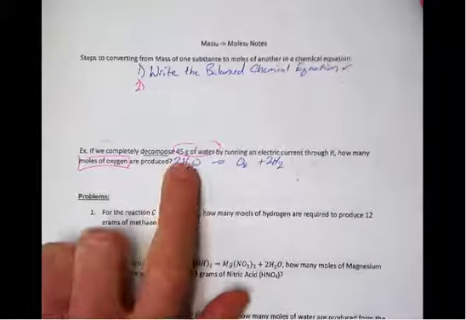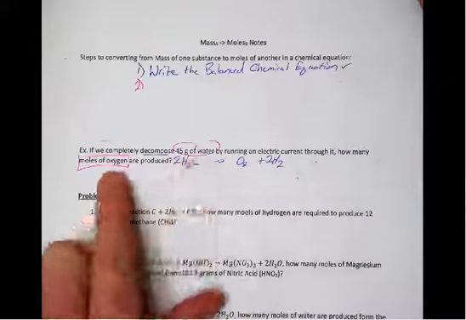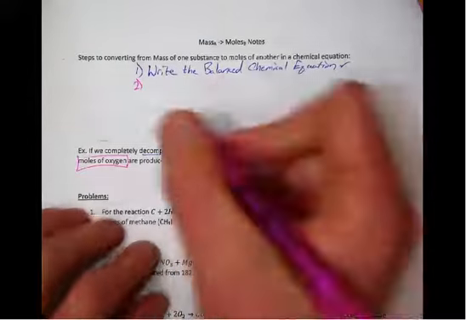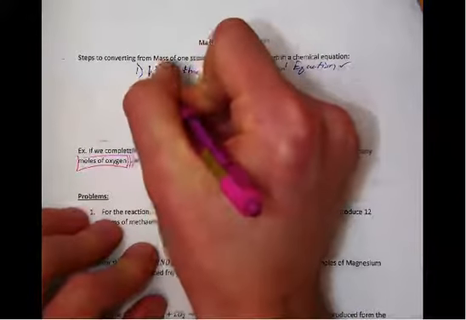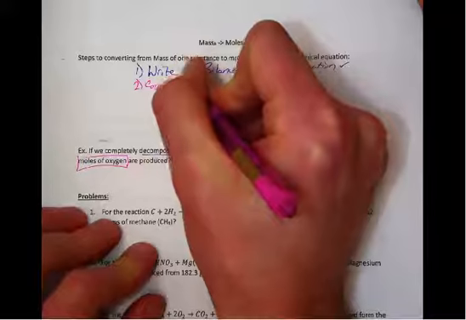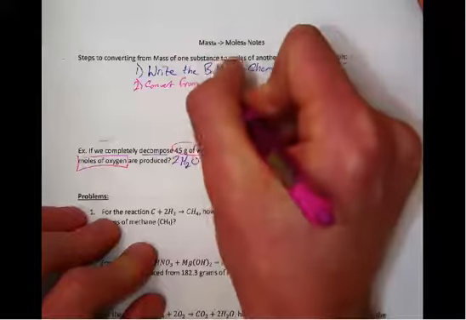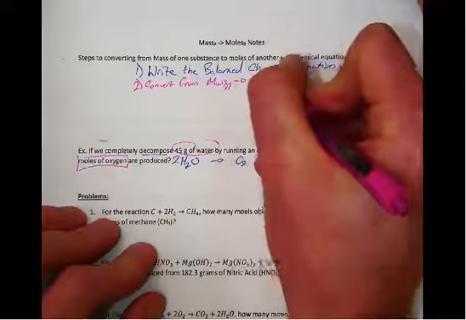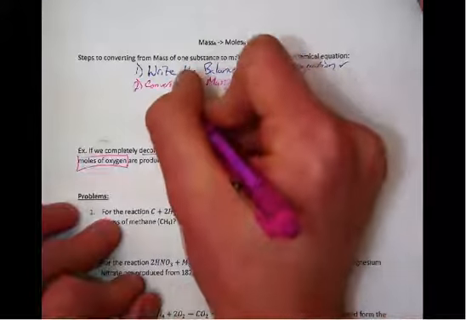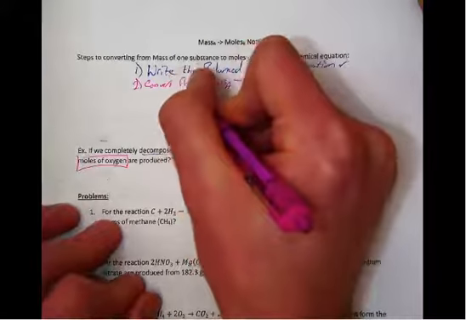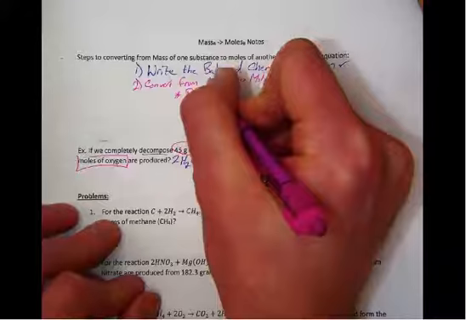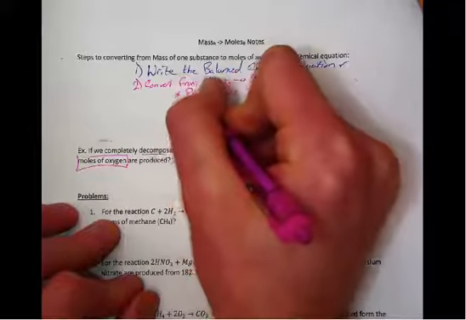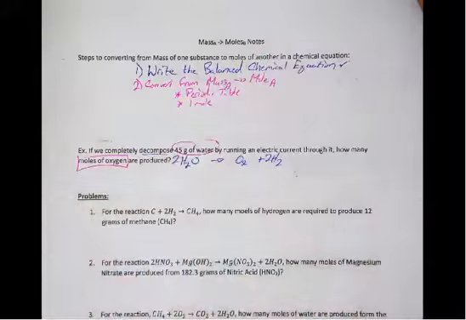Since we can't convert from grams of water to moles of oxygen, we must first convert from mass of A, or grams of A, to moles of A. Again, in order to do this, we use the periodic table, and it's always 1 mole, because this is per 1 mole.